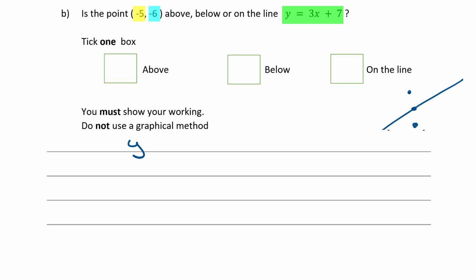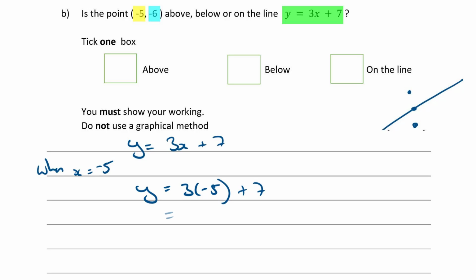So if y is equal to 3x plus 7, when x equals minus 5, that gives me y equal to 3 lots of minus 5 plus 7. So 3 lots of minus 5 is minus 15, so that's minus 15 plus 7, and that is going to be negative 8.